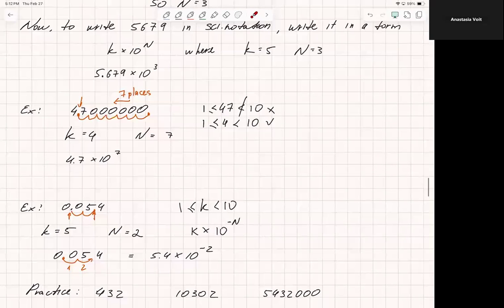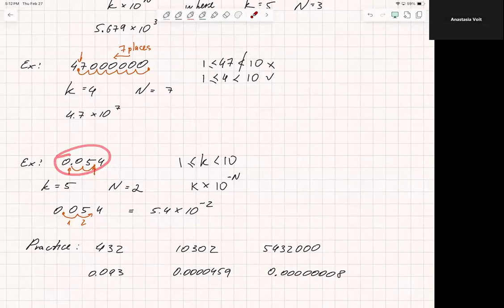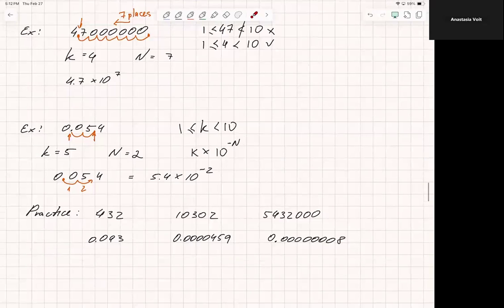If the original value is smaller than 1, between 0 and 1, then the power for the 10 would be negative. So we would have here 5.4 times 10 to the negative second power, because we're moving 2 units to the right.